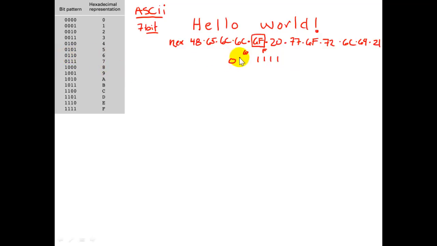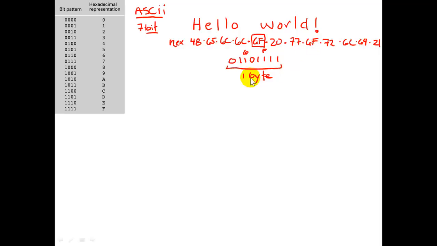So this is the 1 byte of data that is required to encode the character O in the string hello world. You see there's another O character like this.